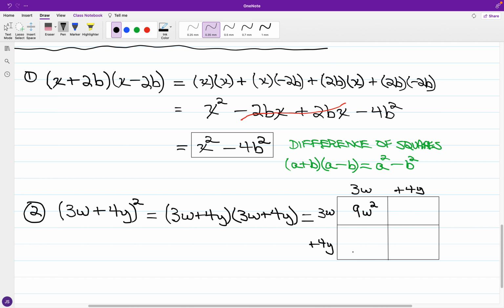Next part, you have 3 times 4 is 12, and attaching the variables, we got wy, so we got plus 12wy. For the next product, same thing here: 3 times 4 is 12, and from the terms you have w and y. And for the last product, you have 4 times 4 is 16, and y times y becomes y squared.